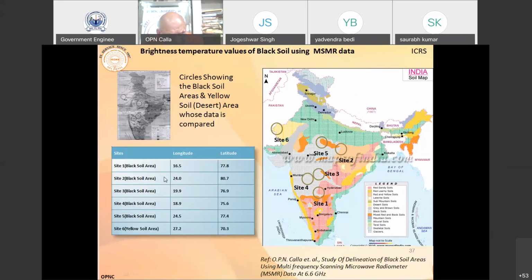That is black soil. Then again black soil area, black soil area, black soil area. Yellow, I'm sorry, yellow soil. So these are the different sites we have taken. Site 6 is the yellow site, and these are all our black soil.